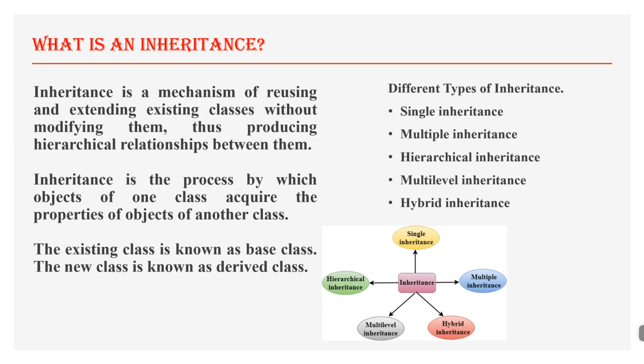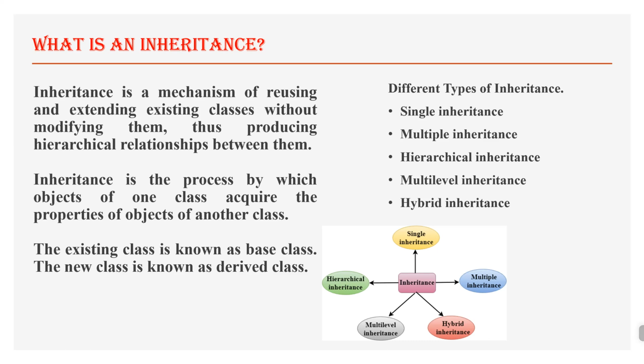But here also, what does it say? It says wherever it is possible, reuse the properties of the classes without any modification, so that you are going to bring a hierarchical relationship between them.